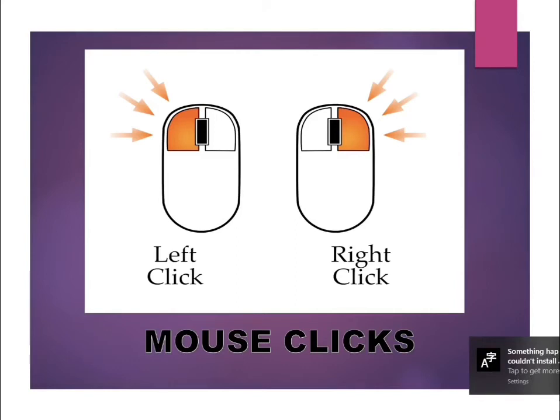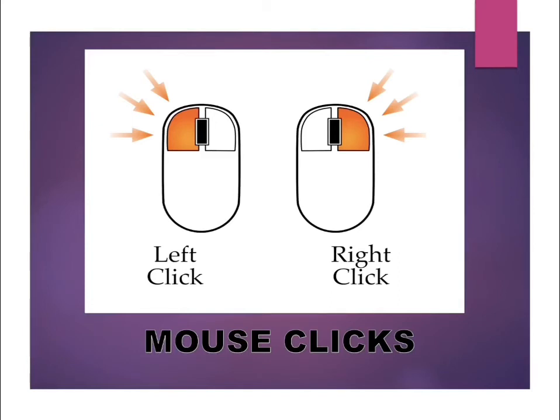As told, every button or every function is for a purpose. The left click's purpose is to select a particular icon or object, whereas when we right click on that object, it shows us the properties of that object.